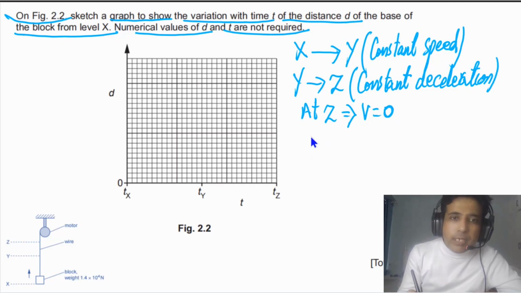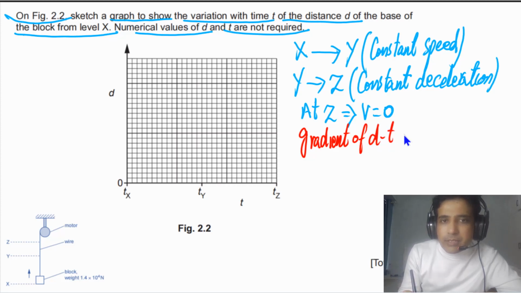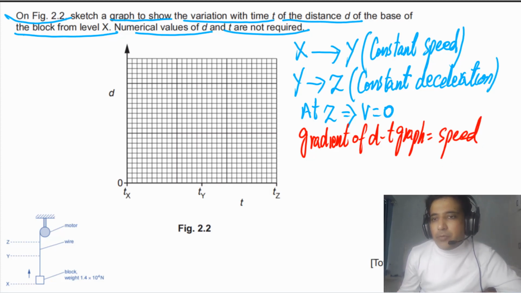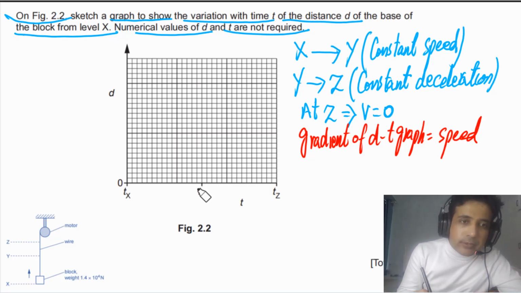Now we also need to understand that the gradient of a d-t graph is equal to speed. We have also discussed that the block has two different kinds of motion, so we can divide this into two parts.